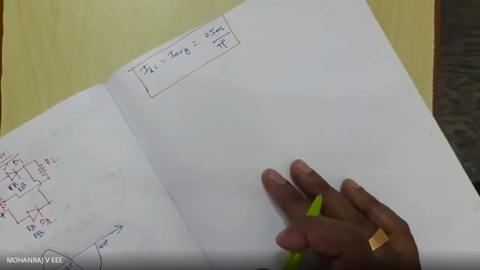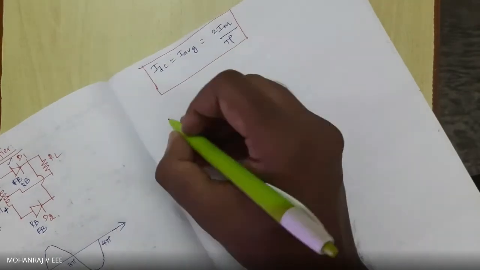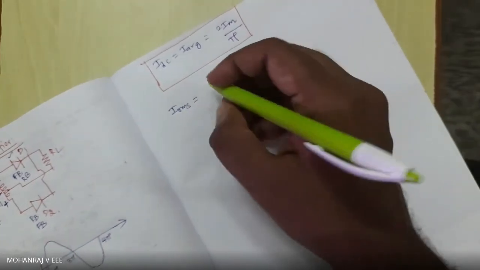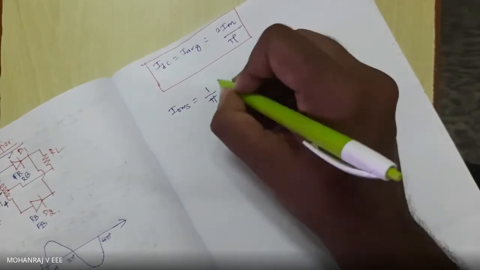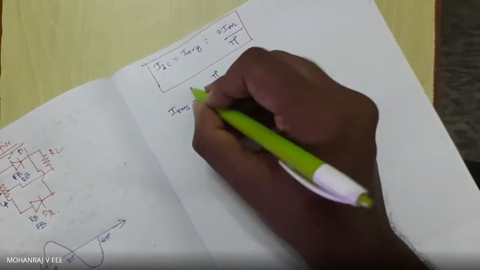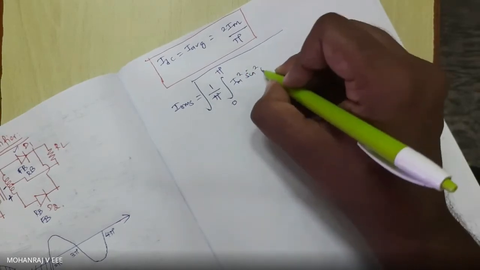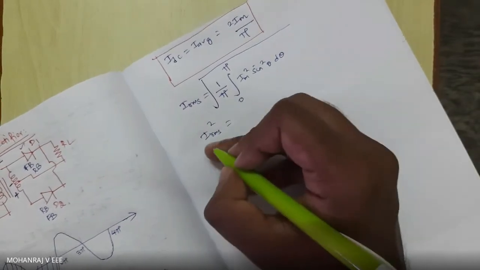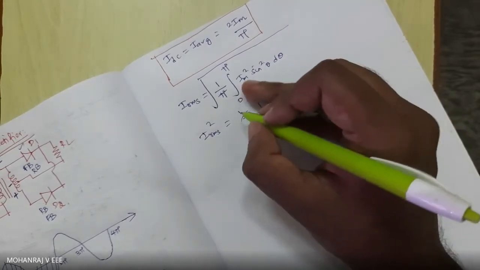Fine. Now what happens to my IRMS? I have to find IRMS. So IRMS is equal to, time period pi, so 1 by pi integral 0 to pi, square root of Im square sin square theta d theta. If you take square on both sides, IRMS square is equal to 1 by pi integral 0 to pi. We can take Im square outside.